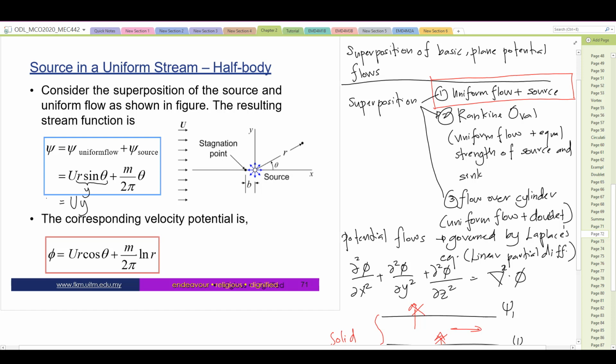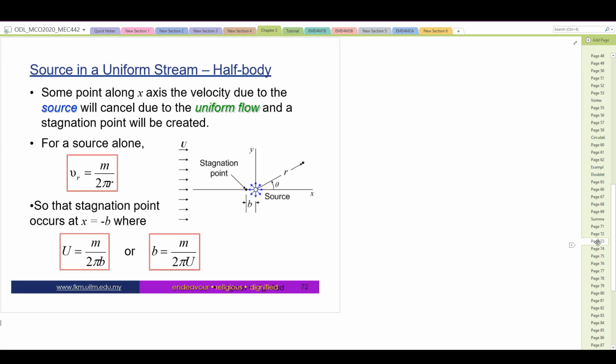We don't have to derive how to get this psi for the source and uniform flow, as it has been derived in the previous lecture. Let's move to the next slide.